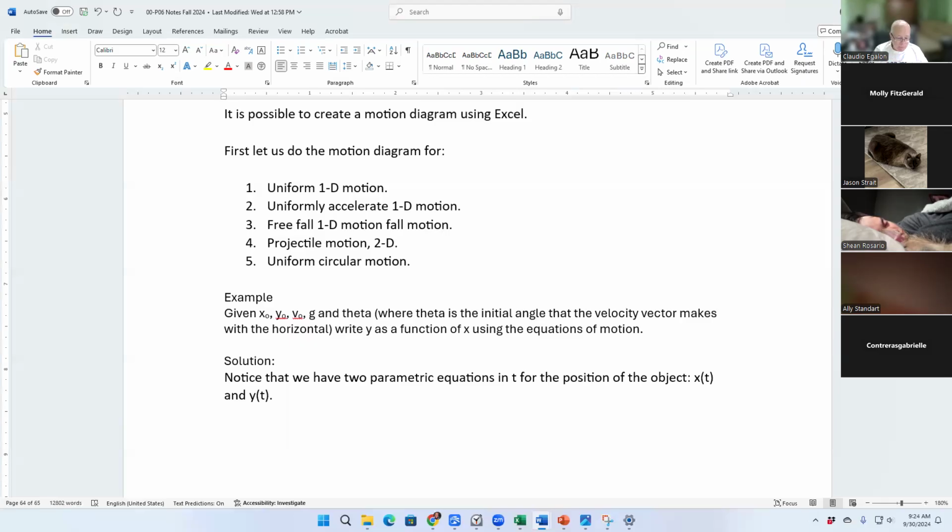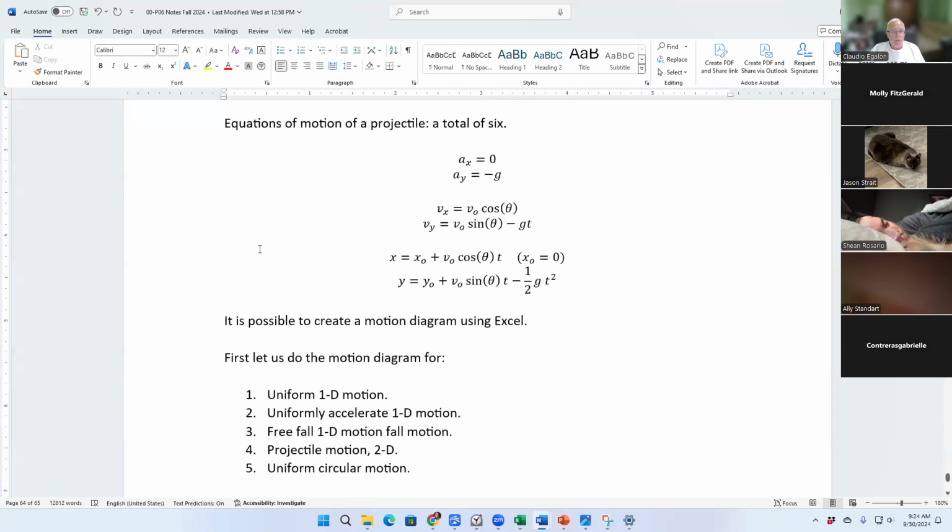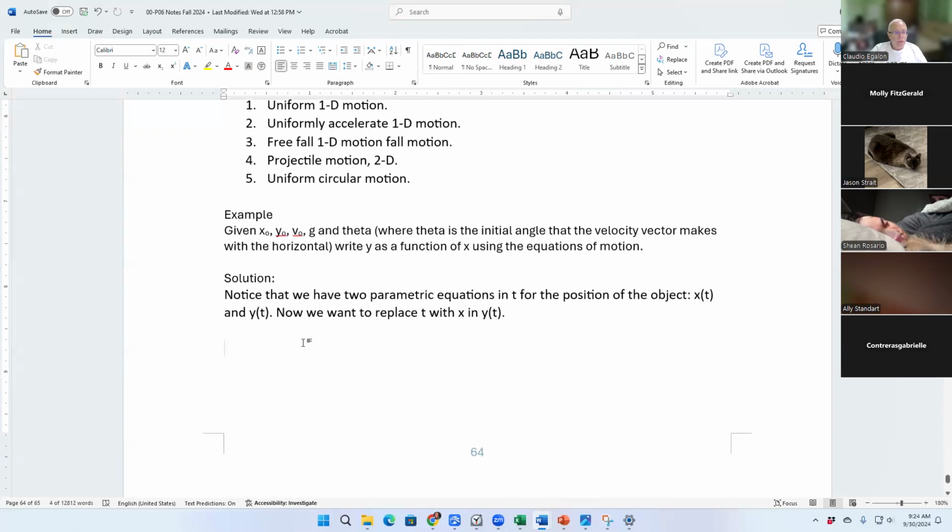Okay? And then what do we want? Now we want to replace t with x in the y of t. That's what we want to do. So here you go. Those are the equations. I'm going to emphasize that this x here is a function of t.